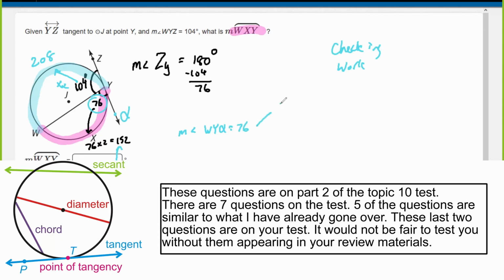The first time I found it by the linear pairs theorem, which we've been using all year. This is a topic 1 theorem. And then I used my topic 10 material and concepts to work all of this all the way back around to show again that this angle both times would have to be 76 degrees, so I could feel really confident about the way I answer this question.